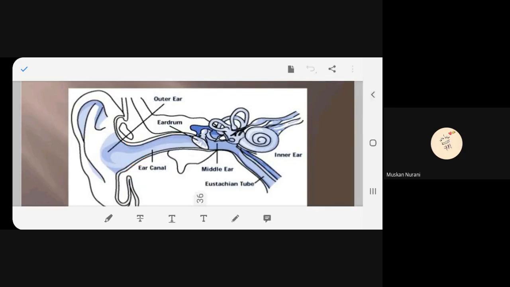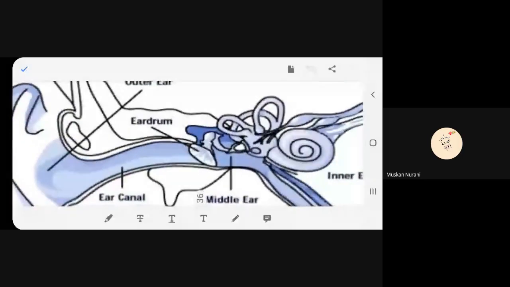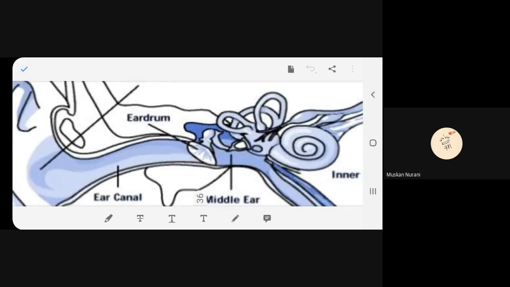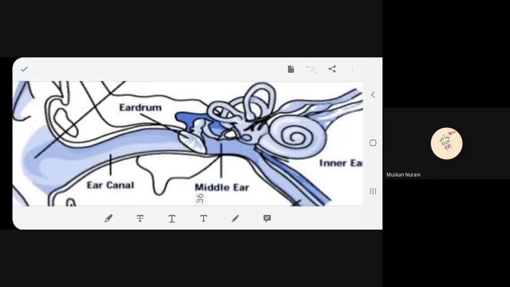Okay. The third one is, there's an eardrum in the ear canal. So when the sound is traveling like waves, it hits the eardrum and the eardrum starts vibrating. Agree? Boys, 8th standard, do you agree? Yes, ma'am. Then from here, it goes to the middle ear.